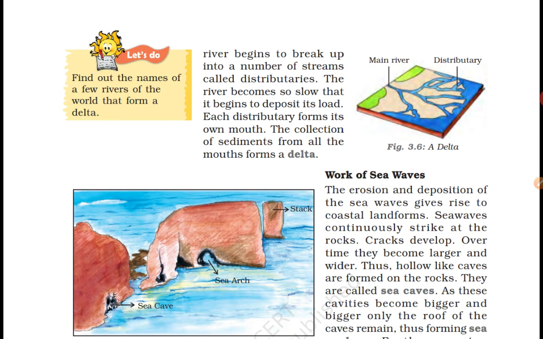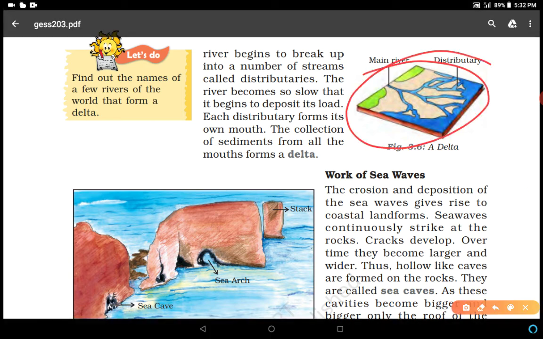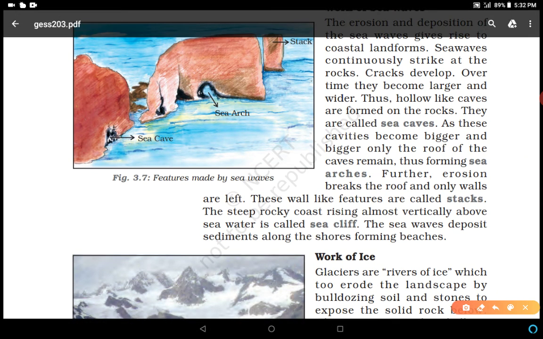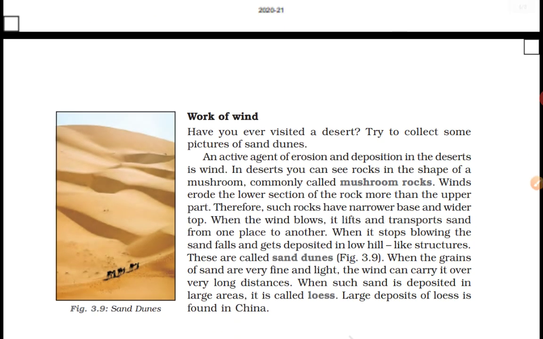Main river course, distributaries, this was the image of delta. Then work of sea waves. These are different forms made by sea waves: sea arch, sea cave, stack. Then work of ice, which we discussed today, and after that work of wind.